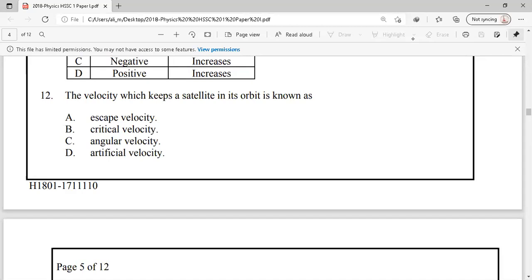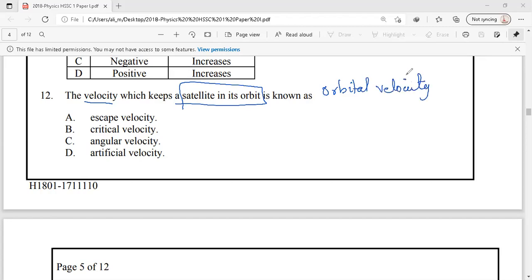Then we have question number 12. The velocity which keeps the satellite in an orbit is known as orbital velocity. We call that velocity the orbital velocity. The horizontal velocity with which we launch any satellite, the horizontal launching velocity of a satellite to move it in a particular orbit around the earth, this velocity is known as orbital velocity, as well as critical velocity.